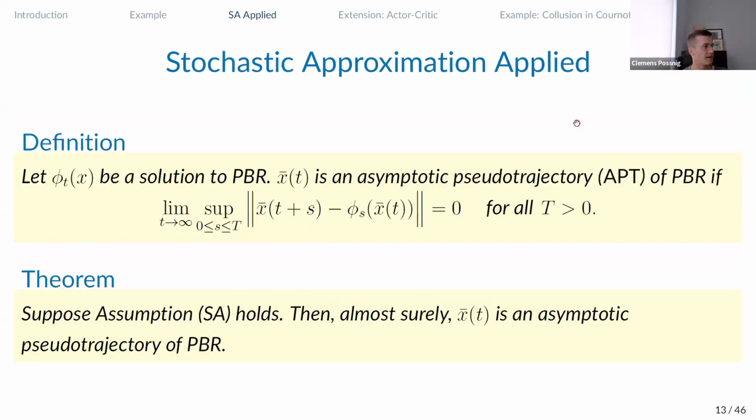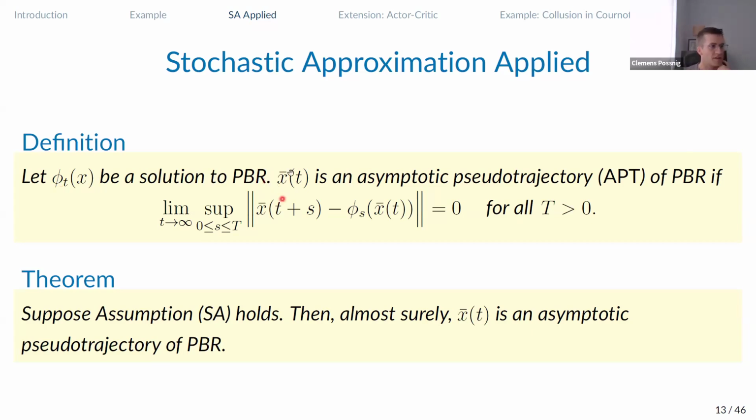Okay. And here is now the sense in which our approximation by ODE solutions applies to the empirical frequency stochastic process. So take a solution of our ODE, which I call phi t of x. It is a solution that starts at x and takes it t periods forward in the continuous time.